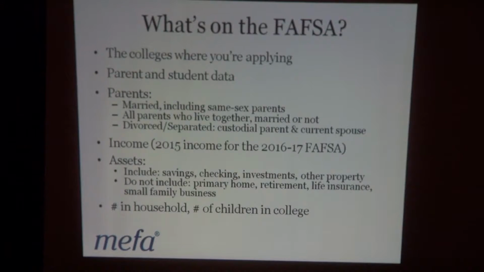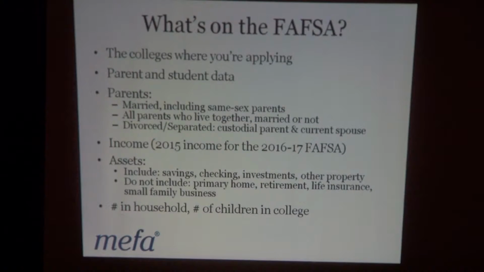As I already talked about, the income is going to be from 2015 if the student's a senior this year. And then as far as asset information, it includes savings, checking, investments, other property, so not your primary home residence equity, but if you own, say, a second property, that equity in that home would get included as an asset.